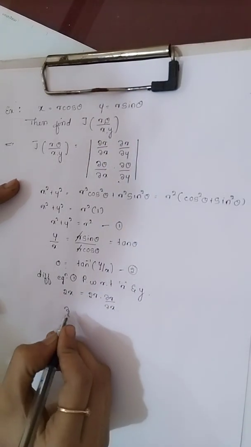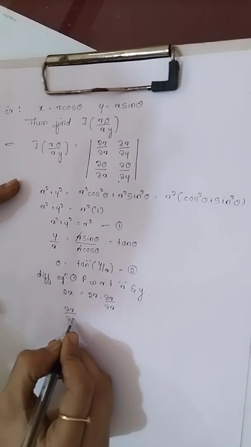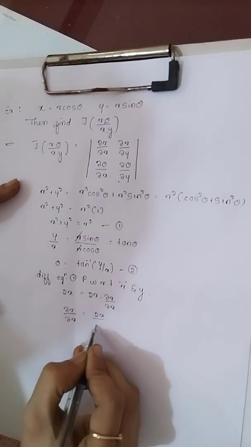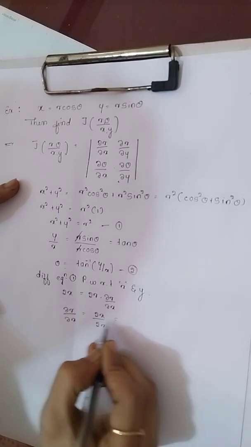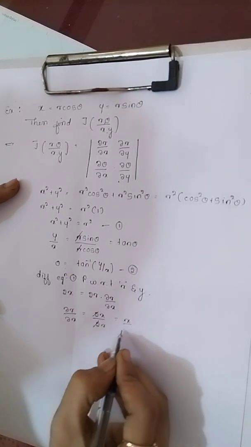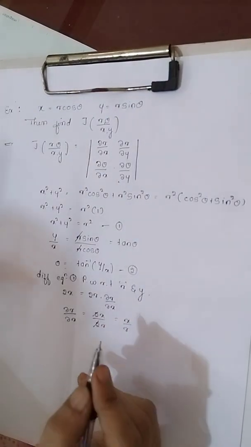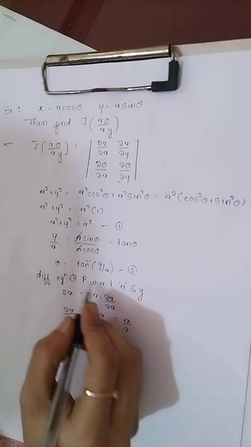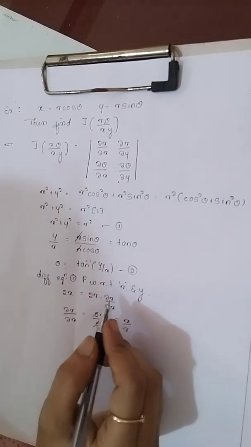So dou r by dou x can be written as 2x divided by 2r, and the 2 gets cancelled. So the value is x divided by r. And again, differentiate equation 1 partially with respect to y.